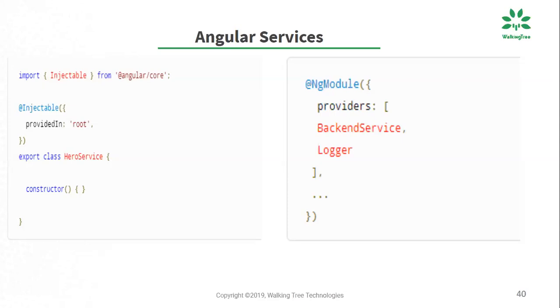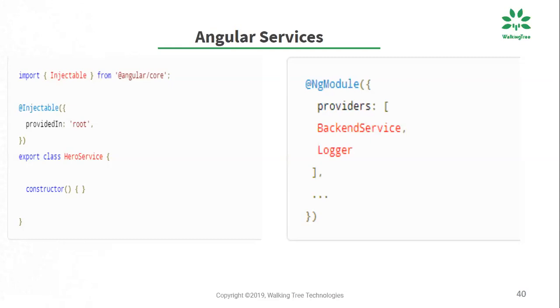Or we have the NgModule annotation where in the providers we can provide this service. Here also the singleton class will be created, and its instance scope is maintained at the module level.